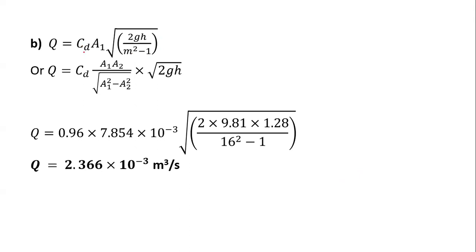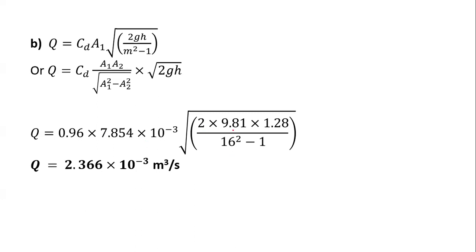Our CD, coefficient of discharge, was 0.96. Area 1 was 7.854 by 10 power negative 3. The square root of 2 times 9.81 times the h, which was 1.28. Then the area ratio, the m, was actually 16, so 16 squared minus 1.